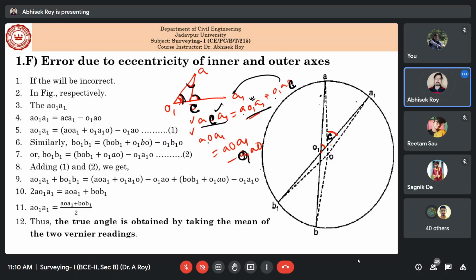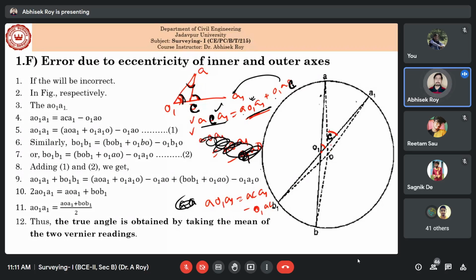C, yes. So AOA1, sorry, write AO1A1. This one will be equal to ACA1 minus O1AC.